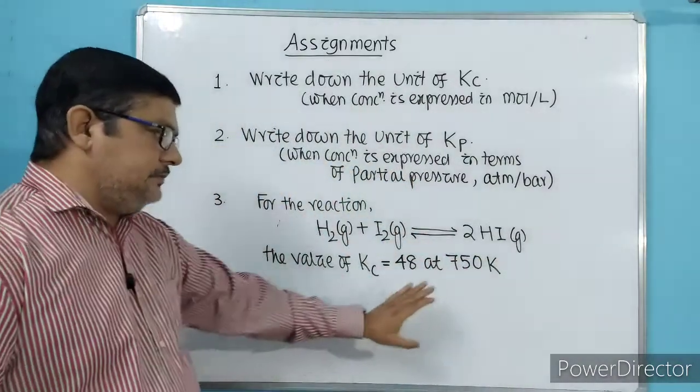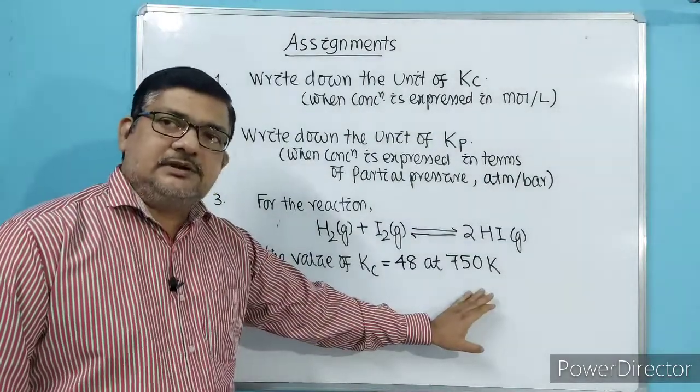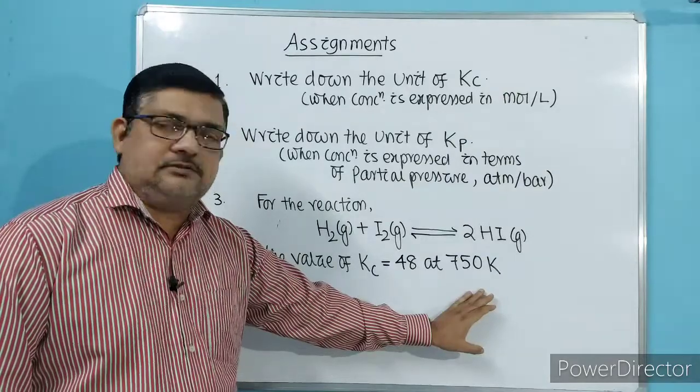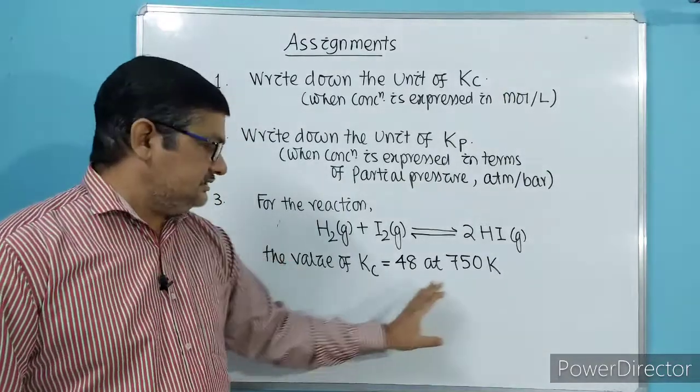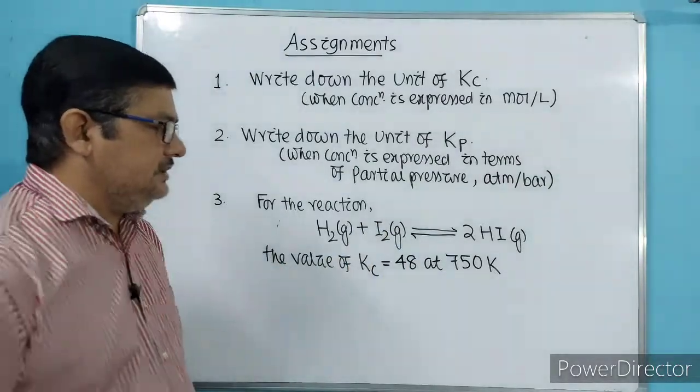As I told you, you have to express the value of equilibrium constant at a given temperature. It is mandatory, whenever you write an equilibrium constant value, you have to mention the temperature. So the value of Kc for this reaction is 48 at 750 Kelvin.